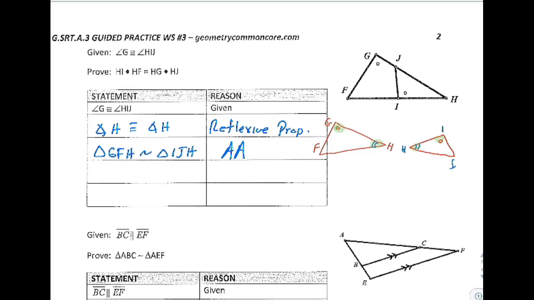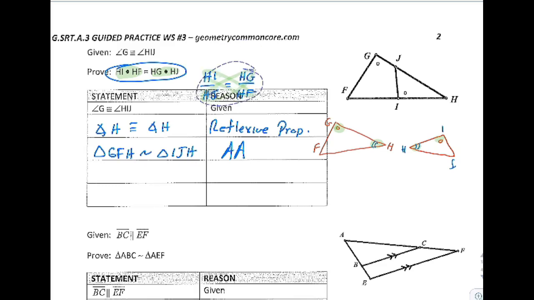Now why are there two lines left? Because first, let's go back to this statement. That looks like it's already been cross-multiplied. So think for a minute. If I had HI, see how it says HI times HF? Well, that must have come from a cross-multiplication like that, which means HG and HJ right here must have come from this direction.